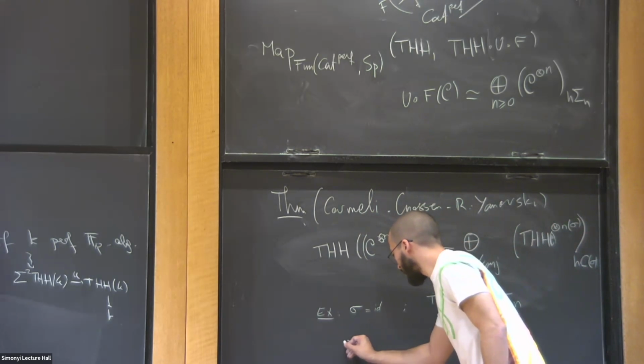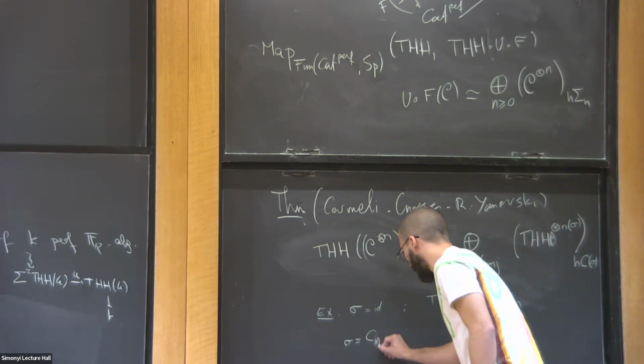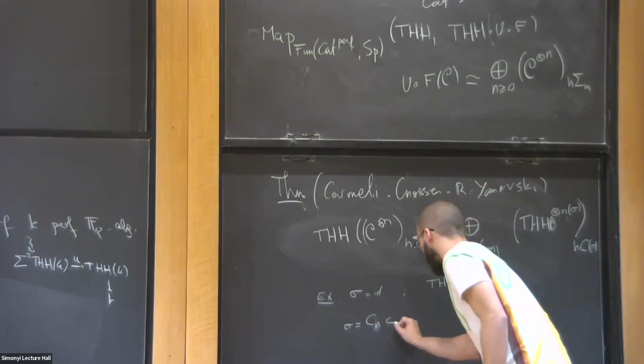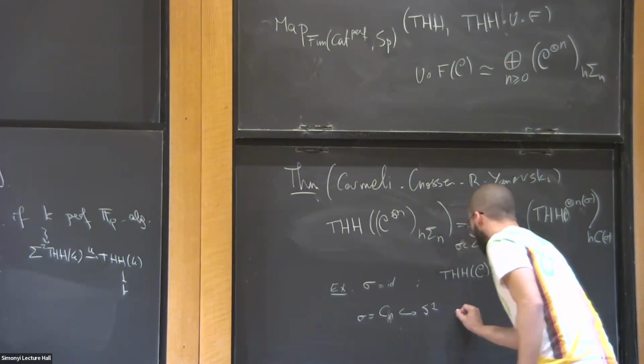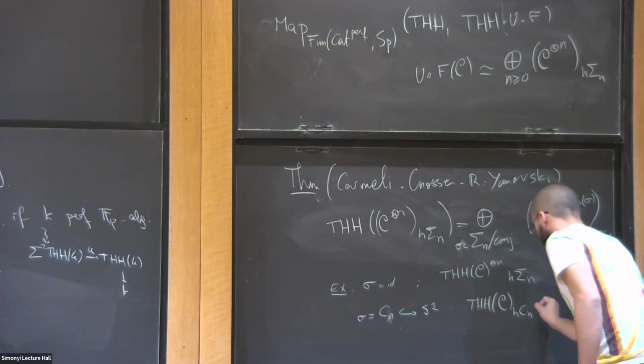But the other extreme example is if sigma is a cycle of length n itself, and there's only one cycle, and the centralizer is itself, so you have some kind of Cn action. And in this case, the Cn action is induced from the S1 action on THH. So Cn and S1, and you get THH of C, or HCn.